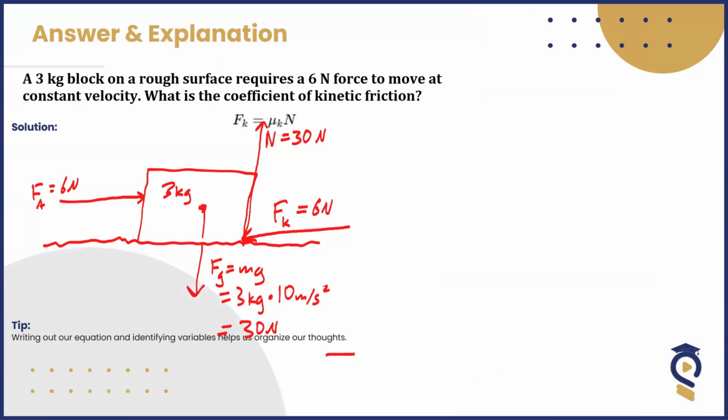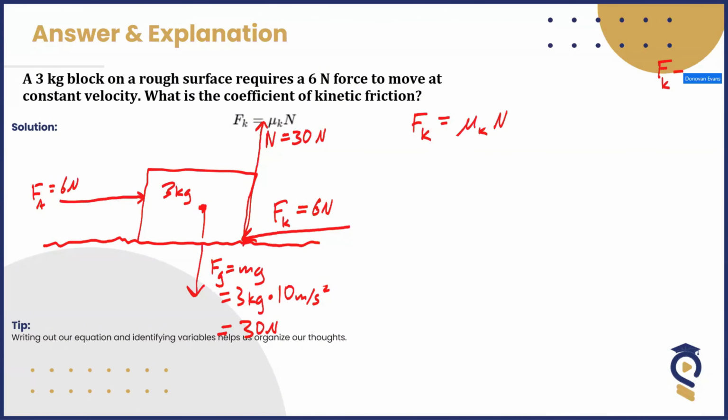Okay, so here we'll go ahead and keep in mind the equation that we have in place. The equation that we are going to be working with is our kinetic friction force equal to our coefficient of kinetic friction times the normal force. As always, my recommendation is to go ahead and list out those variables, even if off to the side.